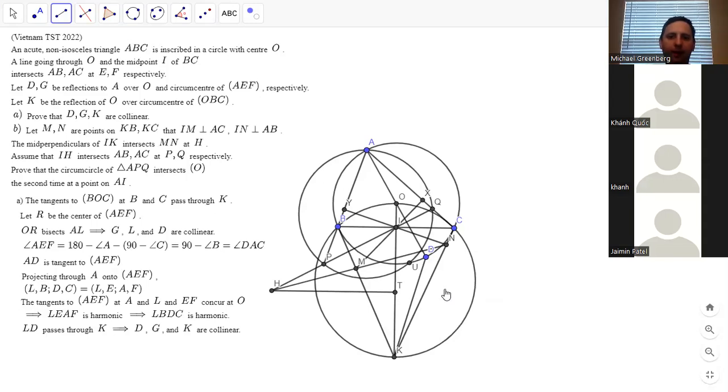So we define M and N, and then we let MN intersect that perpendicular bisector at K. And then we draw IH. There's a lot going on here still.